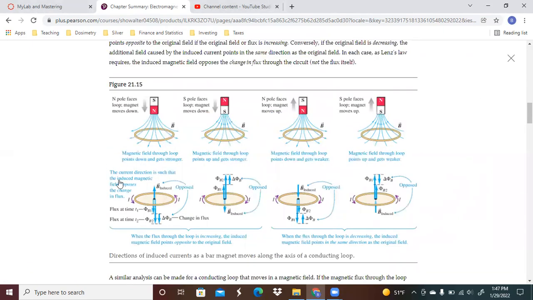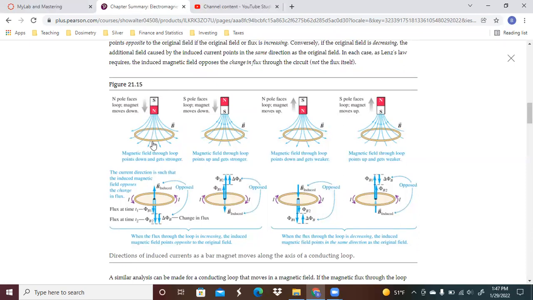So this diagram here, figure 21.15, it's kind of busy, but it gives you a very good description as far as how Lenz's law works. You've got a north pole that faces the loop. You've got a magnet that moves down.